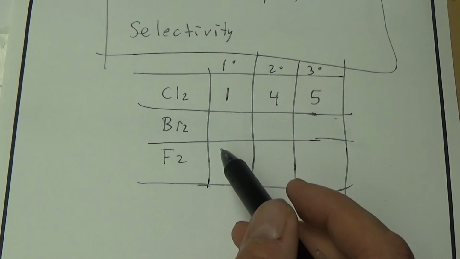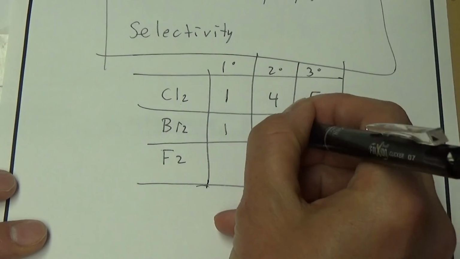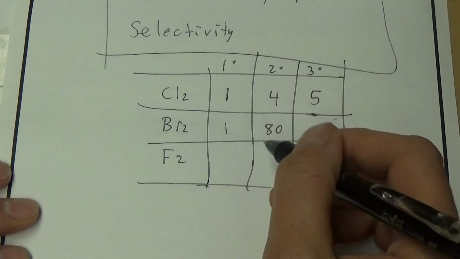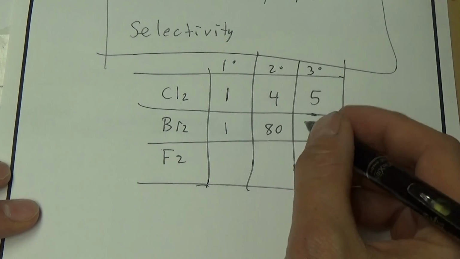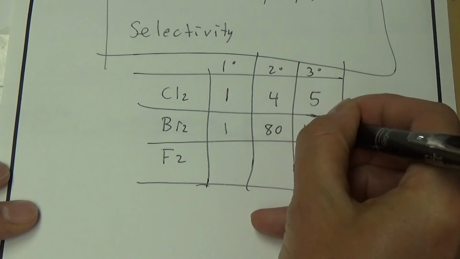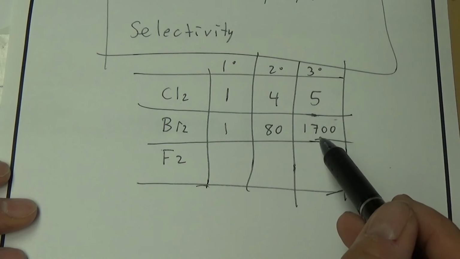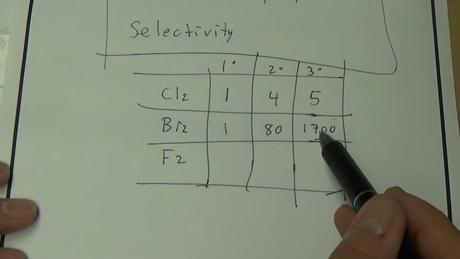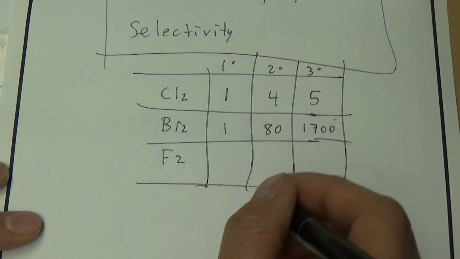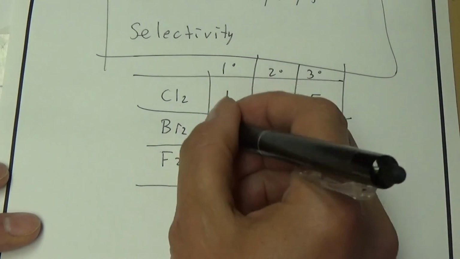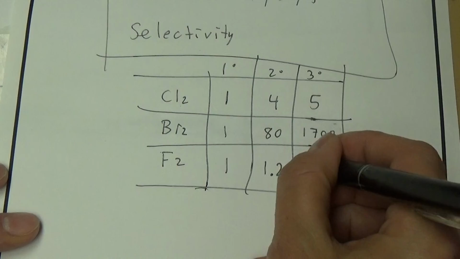It's 1 to 80 to 1700, so very selective, much more selective than chlorine. Bromination is very, very selective for either secondary or tertiary compared to chlorination. And for fluorine, which is fairly non-selective, it's 1 to 1.2 to 1.4.